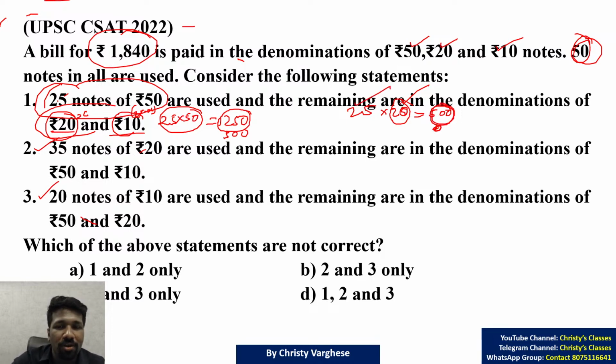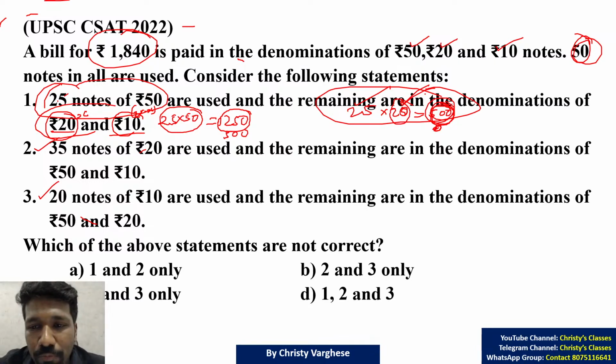If there are fewer 20 rupee notes, it will be less than 500 rupees. Are you getting that logic? You cannot try all the permutation combinations. You have to think about the best case scenario where all remaining 25 notes are 20 rupee notes. That will only cost you 500 rupees and will not add up to 1840. It is much below 1840. That is why the first statement is not correct.